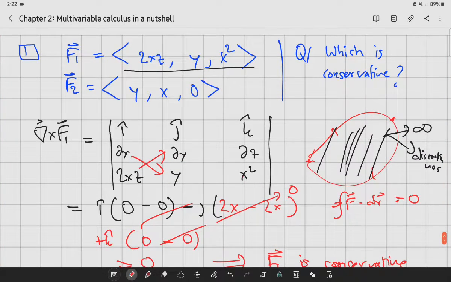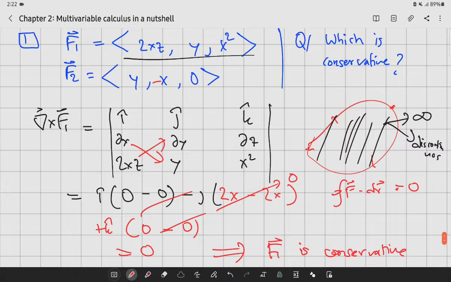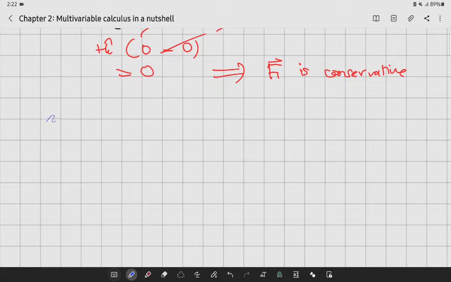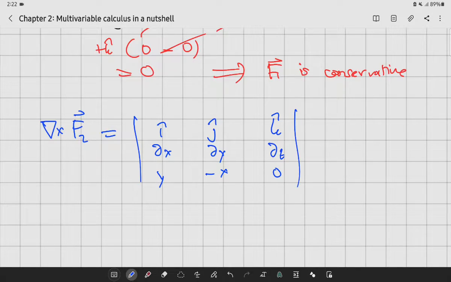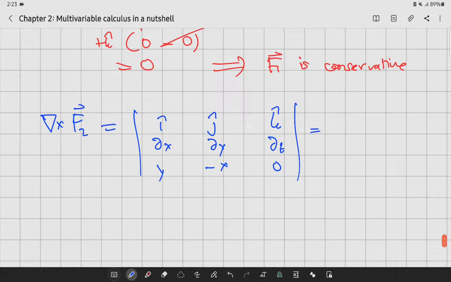Let's look at the second one, y and minus x. Okay, let's find out whether this is conservative or not. The curl of F2 is i, j, k, the usual thing, and I have partial x, partial y, partial z, with y, minus x, and 0. The i-th component is 0 minus 0, which is 0.